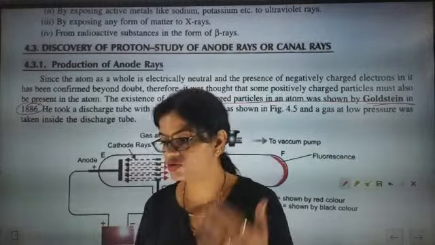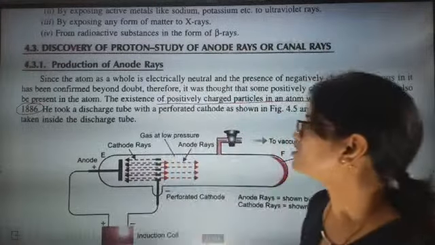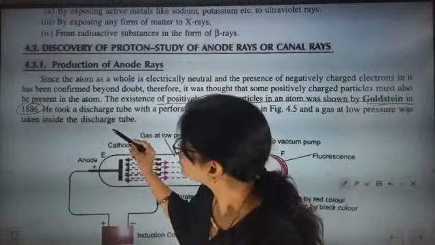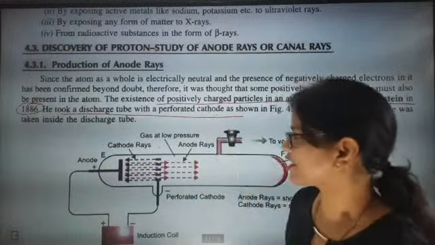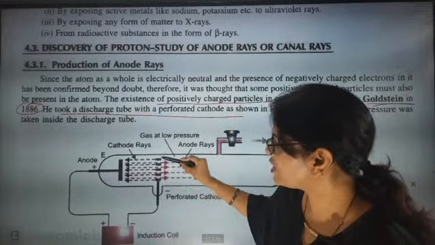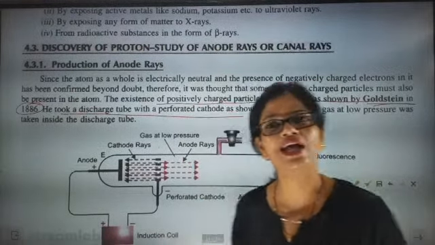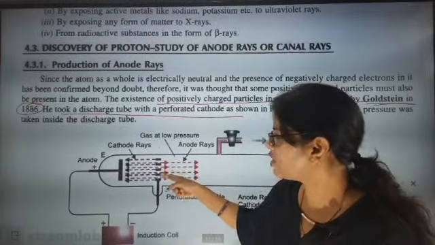Now we are going to do this experiment to know the positive charge. He took a discharge tube with a perforated cathode. Can you see this perforated cathode? Perforated cathode means there are holes in the cathode.